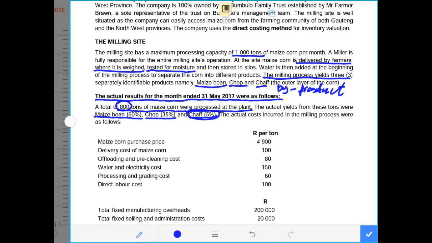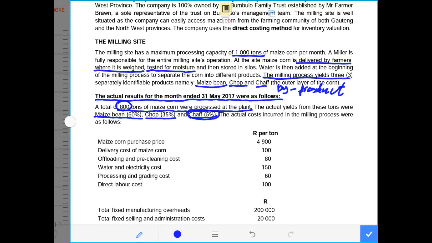And the minute it is a very small product or output, then it's likely also to be classified as a byproduct. There is a small number of units that are processed from the chaff product. It is very, very immaterial.